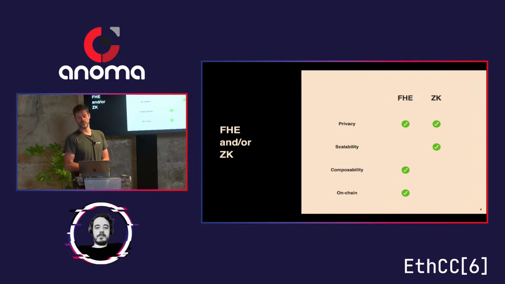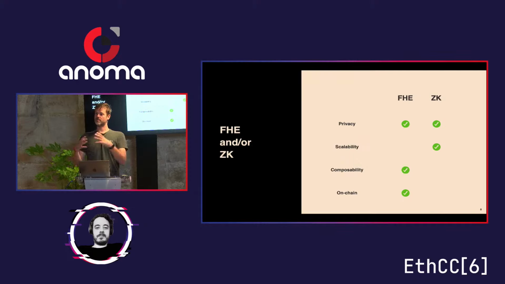Some of you also think of zero knowledge when we say privacy. It's true that zero knowledge does give some privacy. The way we see it is that zero knowledge is more technology built for scalability, think in terms of roll-ups. One of the benefits of FHE is that it doesn't get in the way of composability, both around contracts and especially around mixing data from multiple users.